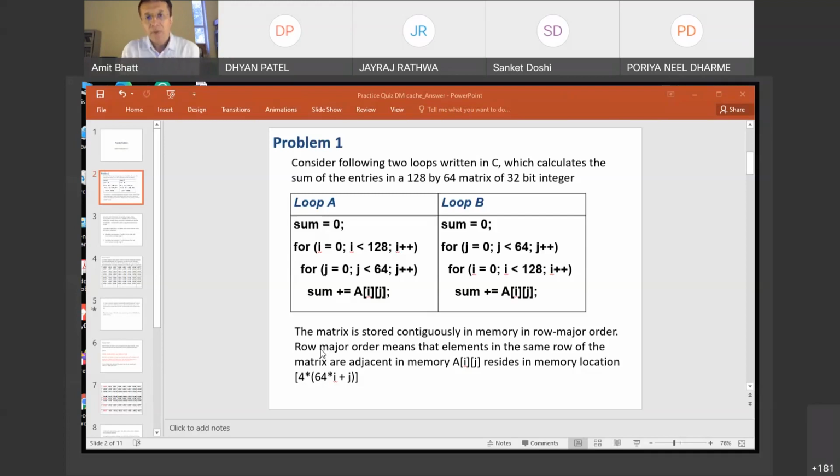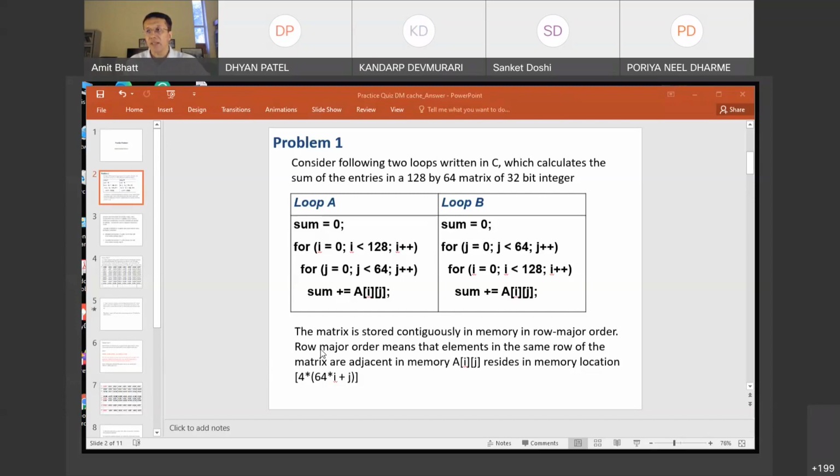So here we are looking at one large matrix which is given. It is not too large, but it's reasonably large. It is a 128 by 64 matrix. So can you tell me, maybe through the chat window, or you can speak up, how many rows would be there in this particular matrix and how many columns would be there? 128 rows and 64 columns.